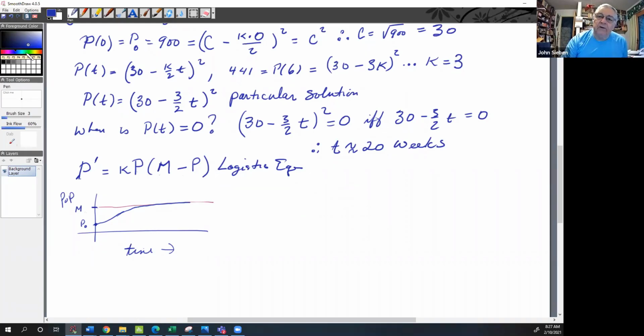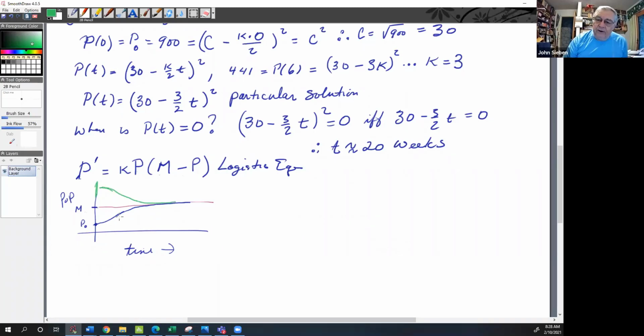On the other hand, if I start with a population that's too big, I've got an island and I stock it, okay, if I overstock the island initially, then my population would start up here, but my logistic curve would approach M again.